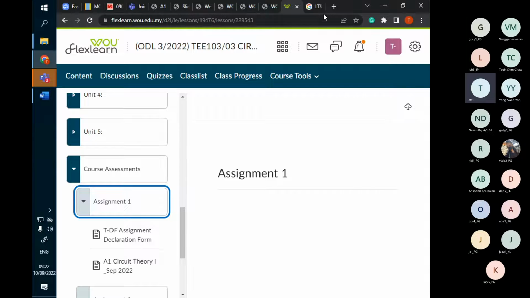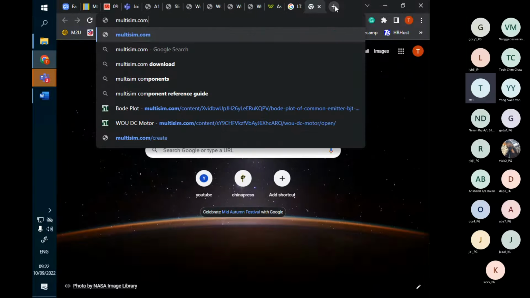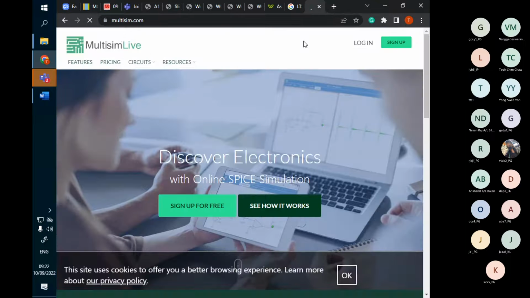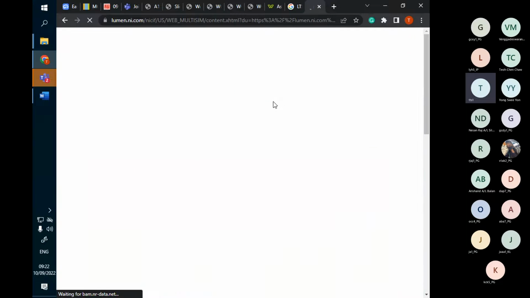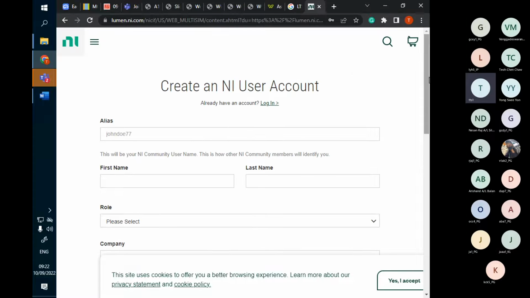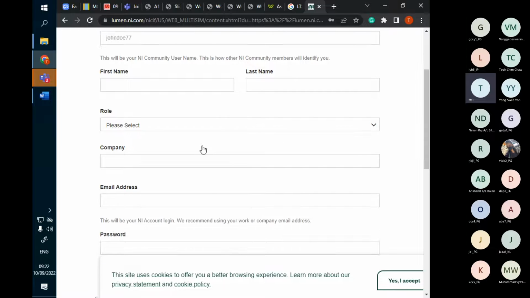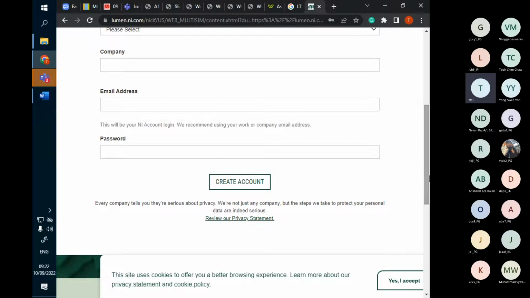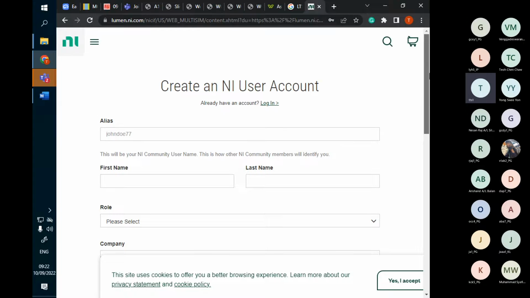In preparation for your next lab session, before the class begins, come here and sign up to get yourself an account. It's free also, but the tools are limited, of course. You just provide your name, your email, and a password, and almost immediately you can use the account, so it won't take too much time.